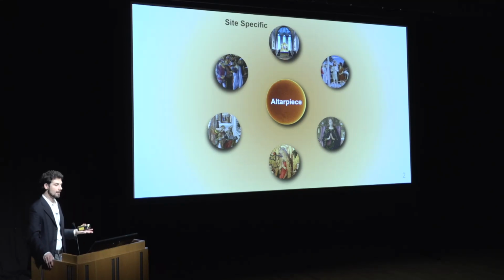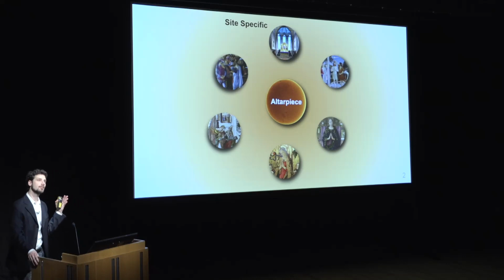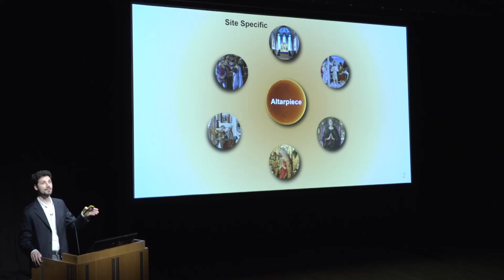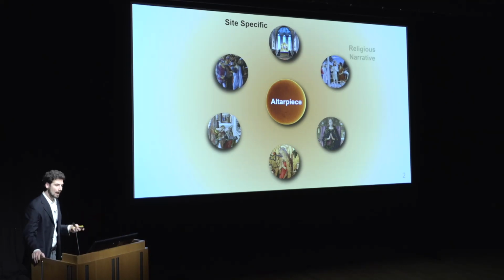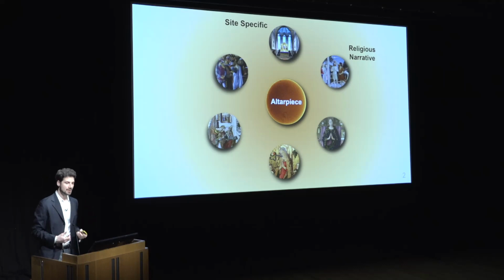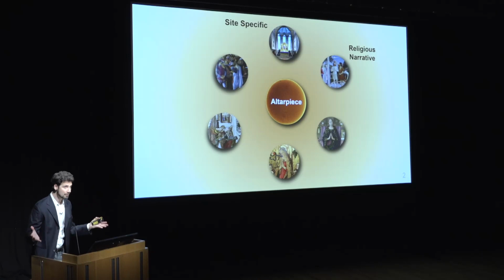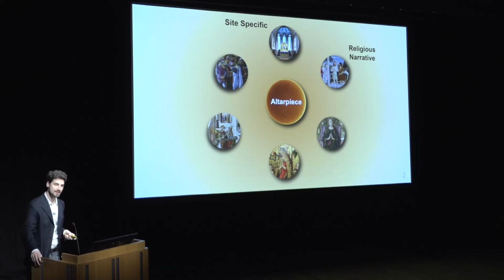When we have an altarpiece, we have a size-specific type of image. Very often it is sitting above an altar, right? What's inside is obviously a religious image with very often a narrative, not all the time, and definitely the Virgin of the Rocks is an exception in that sense. I will clarify that in a moment.